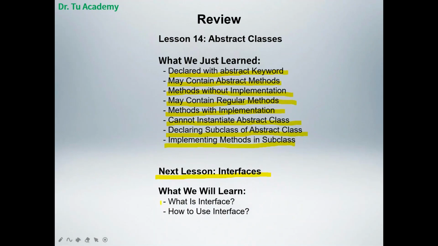We will learn what an interface is and how to use it. Abstract class and interface are the two ways to achieve abstraction in Java programming. And abstraction is one of the 4 most important features of object-oriented programming.